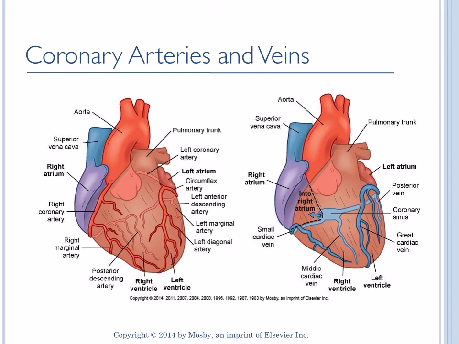Okay, so regarding coronary arteries and veins, you need to know there are two main arteries, the left coronary artery and the right coronary artery, and what structures the left coronary artery supplies and what structures the right coronary artery supplies. Because we will know what happens when these arteries get clogged or blocked due to different cardiac diseases or coronary artery diseases, and how the blood flow is obstructed.